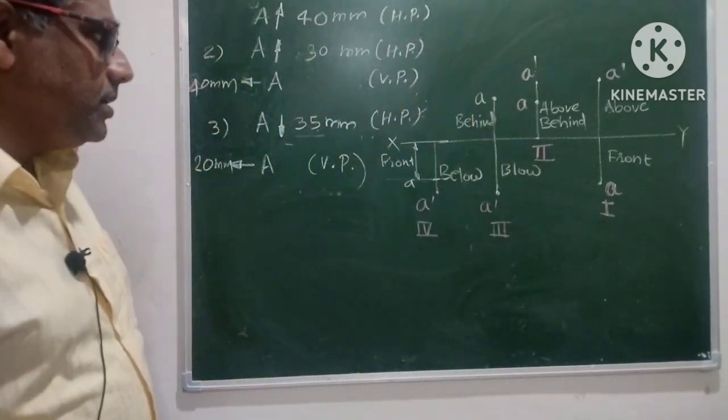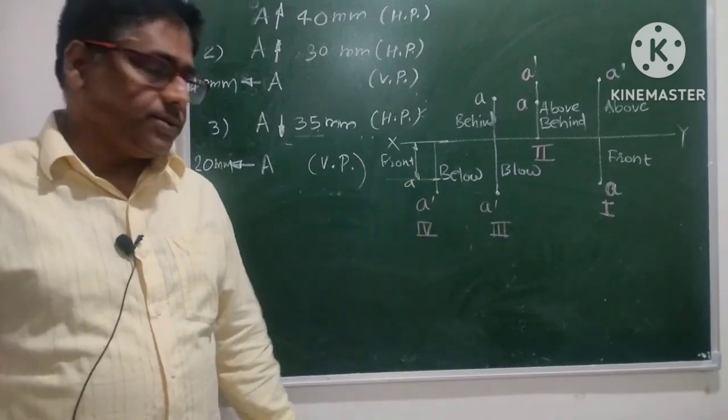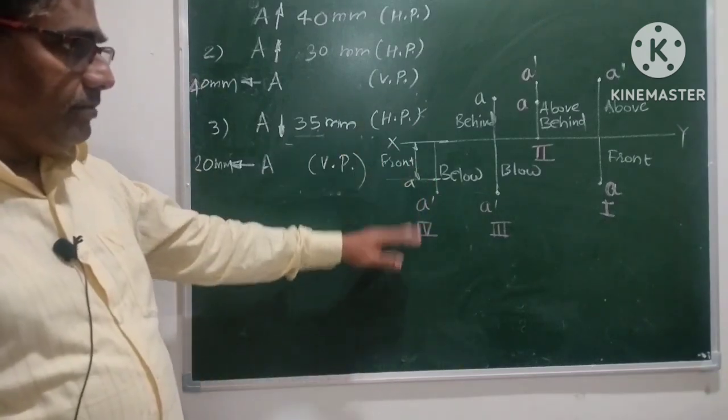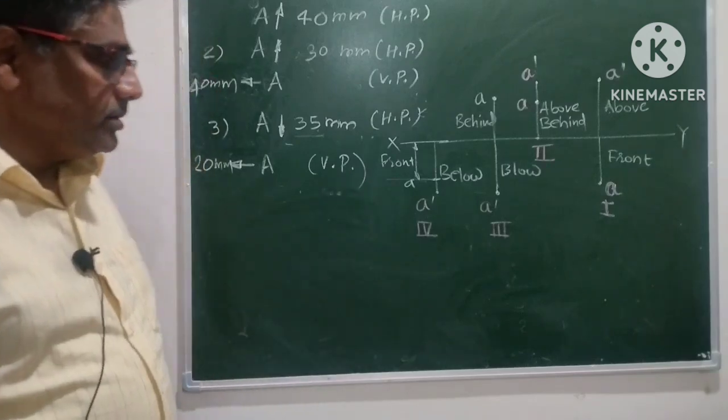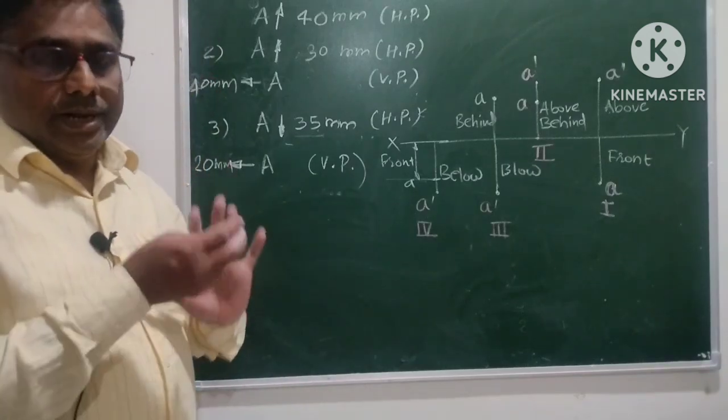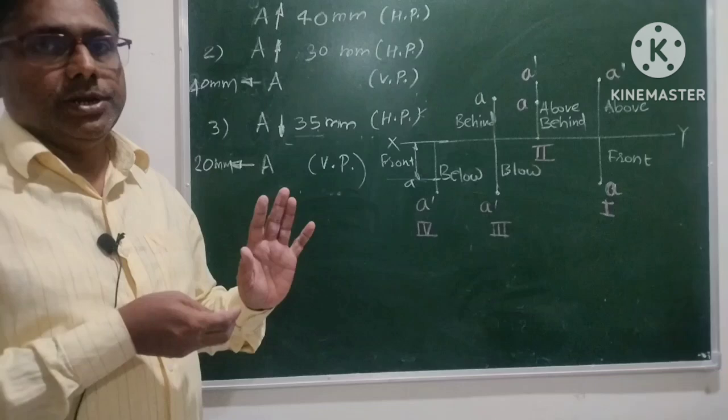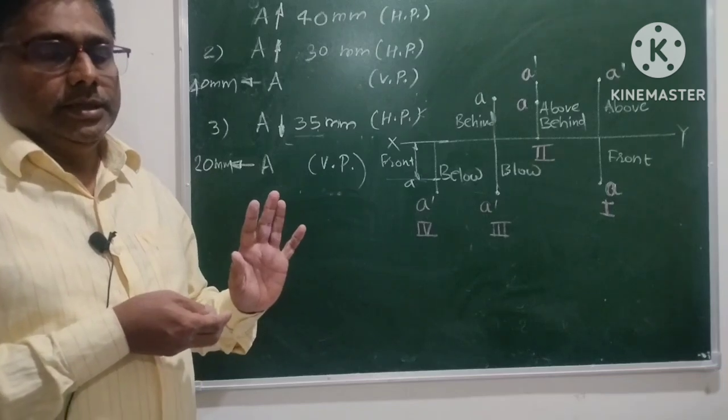And in the fourth quadrant, front and below distances both will come below the xy line because of the overlapping of planes VP and HP.